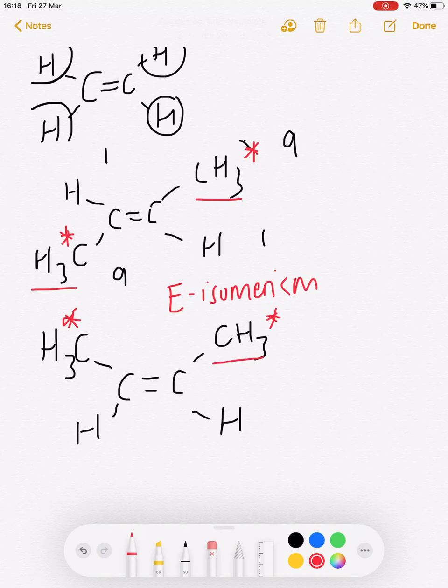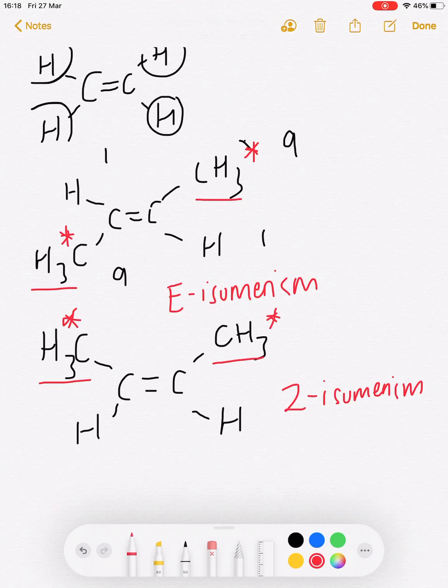Those CH3s are on the same side of the double bond. And if they're on the same side of the double bond, it is Z isomerism. Easy way to remember it: if they're on the same side, it is Z isomerism.